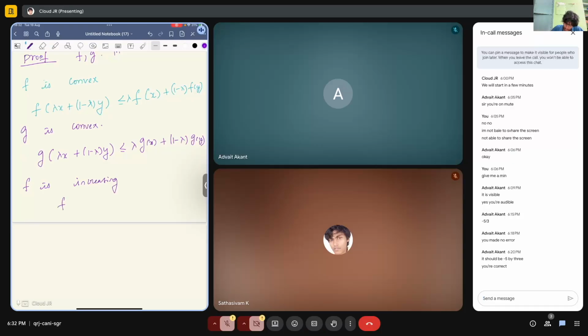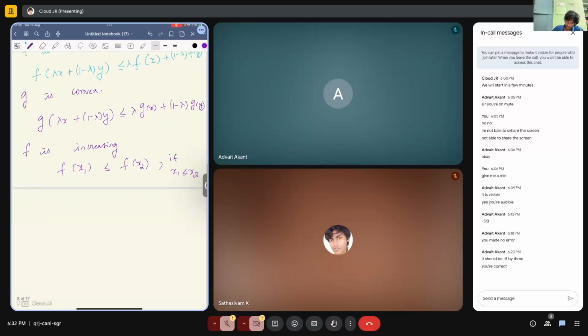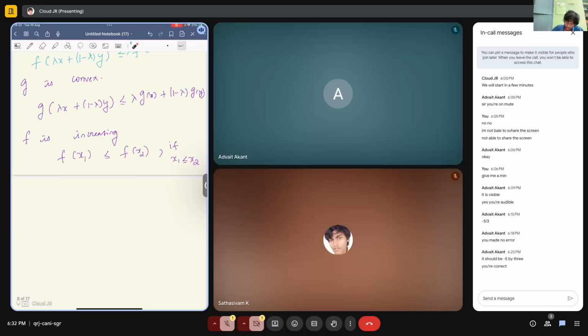This tells you that f of x1 is less than or equal to f of x2 whenever x1 is less than or equal to x2. Here we have two points, which are elements of the real numbers, and f is increasing.